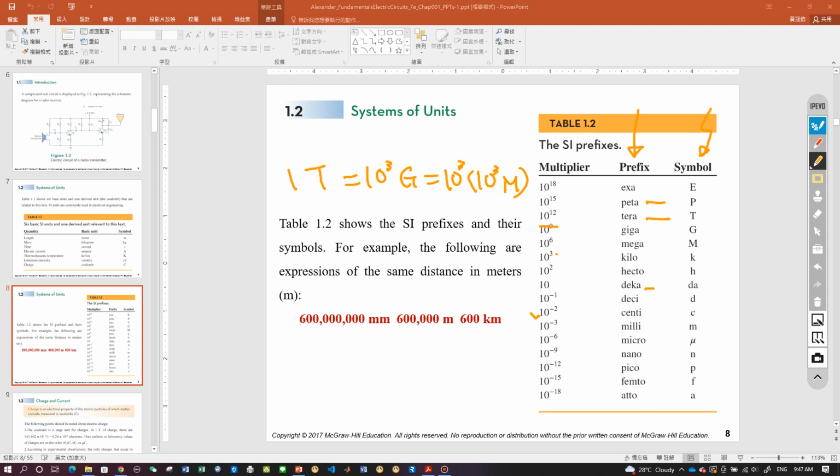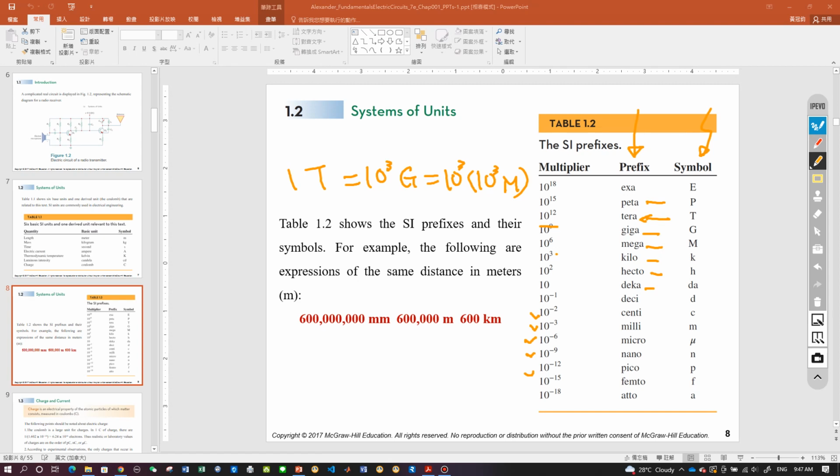So right now we are in this era: giga, mega, kilo, hecto, and deca, and then centi, milli. These are very commonly used. The common ones are micro, nano, pico. In the beginning we were here, but right now we start to expand. The smaller, the better; the larger, the greater.